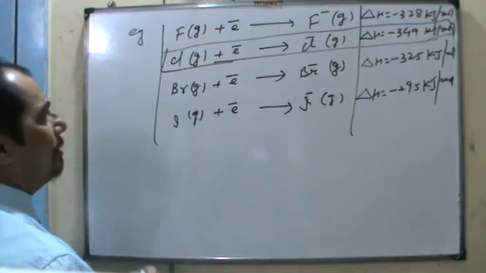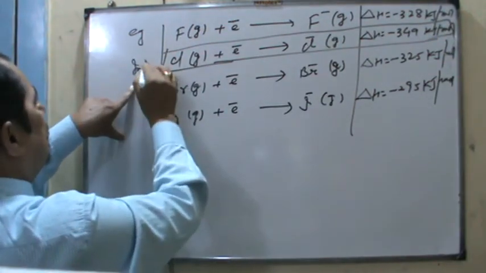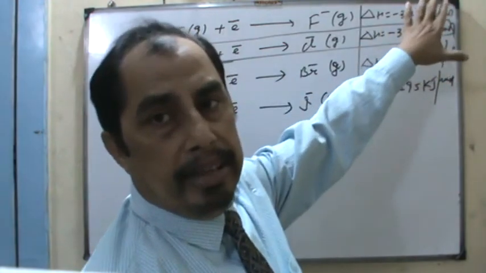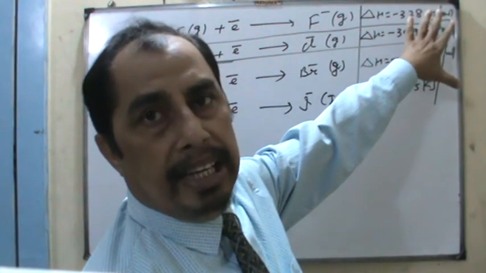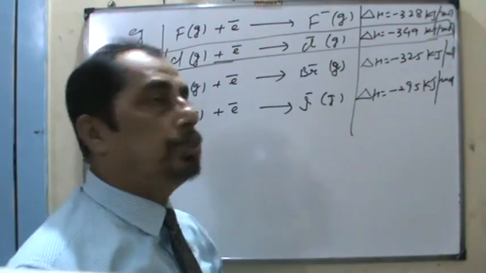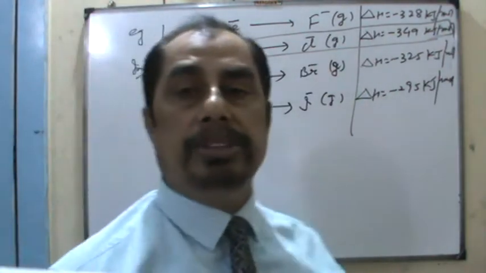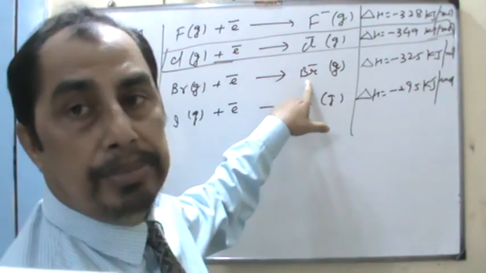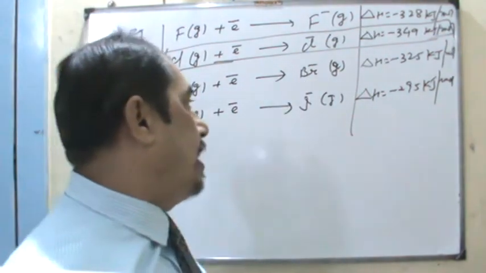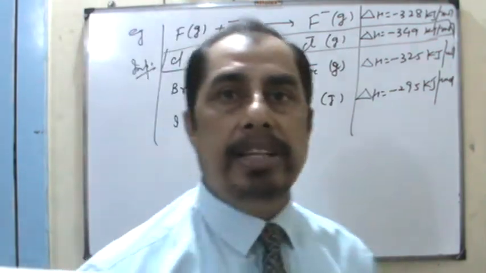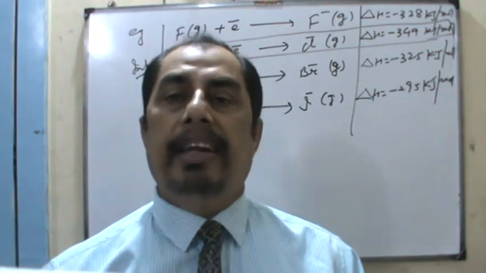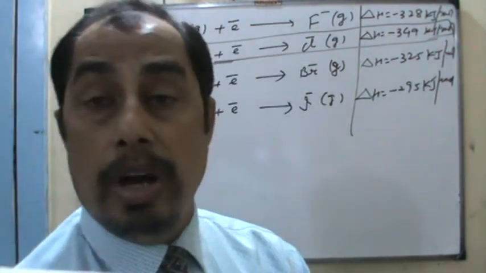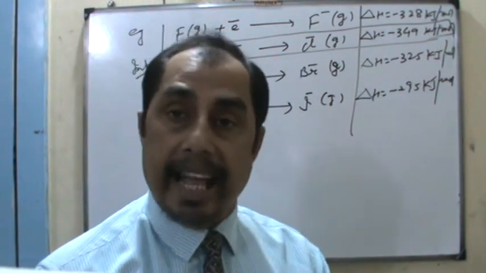One thing is very important here: the reaction is exothermic because energy is lost and delta H becomes negative. Chloride ion becomes isoelectronic with argon, bromide ion with krypton, and iodide ion with xenon. They have a similar stable electronic configuration like the noble gases.